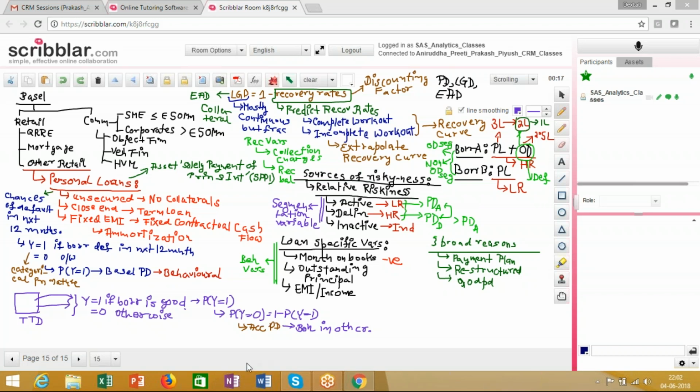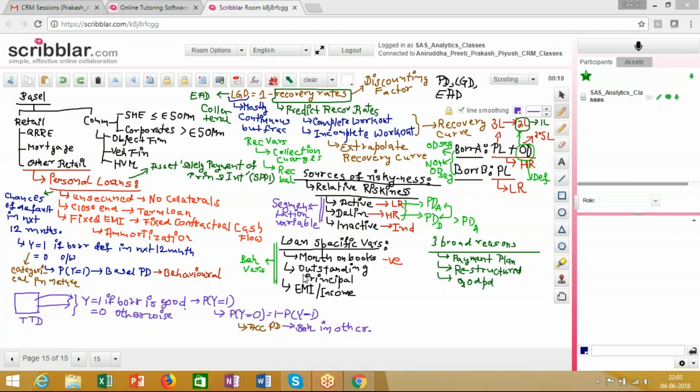So then the borrower becomes delinquent and then his chances to default are assessed. So in a behavior PD, you are assessing the behavior of the borrower in that particular credit, and based on that you are assessing his probability of default, unlike acquisition PD, right?